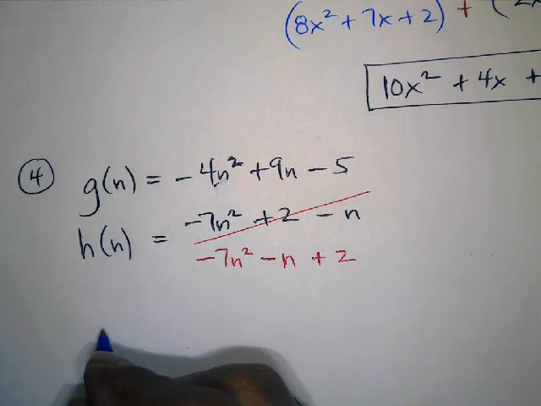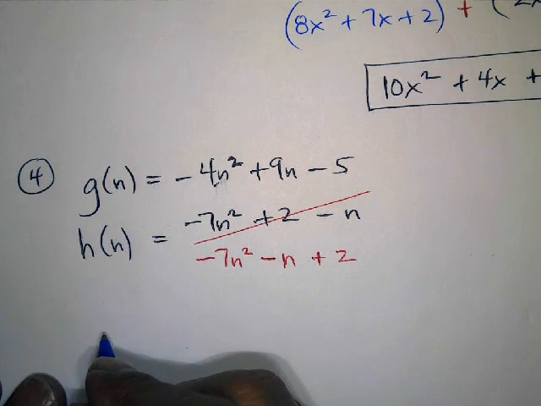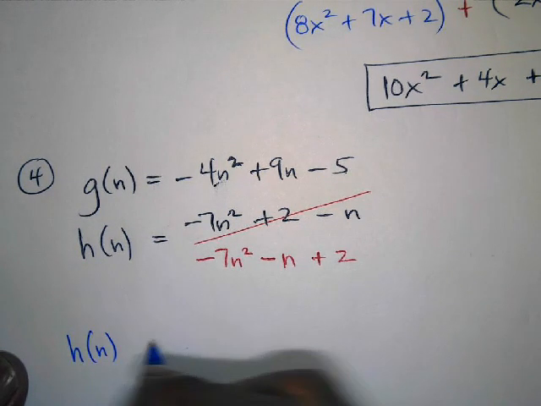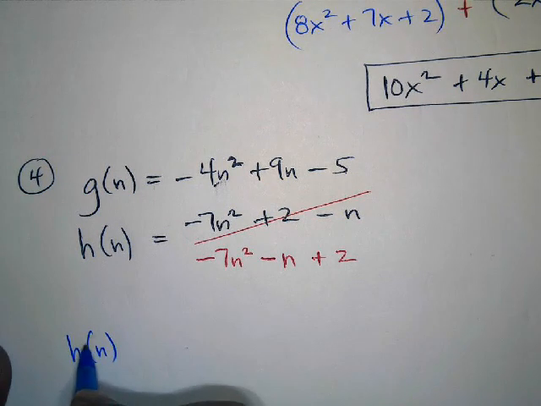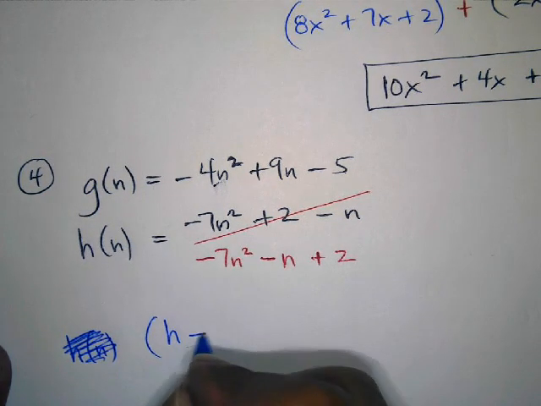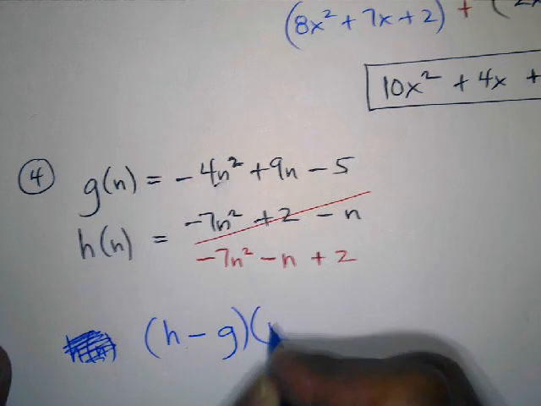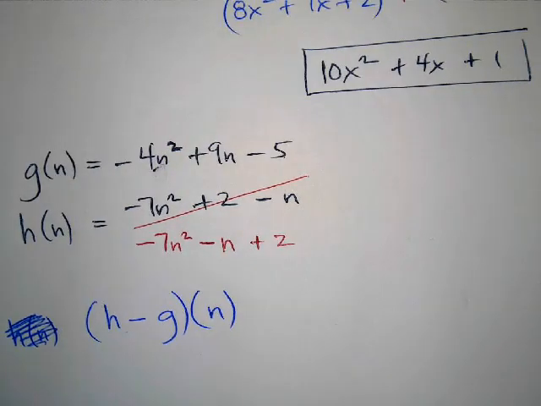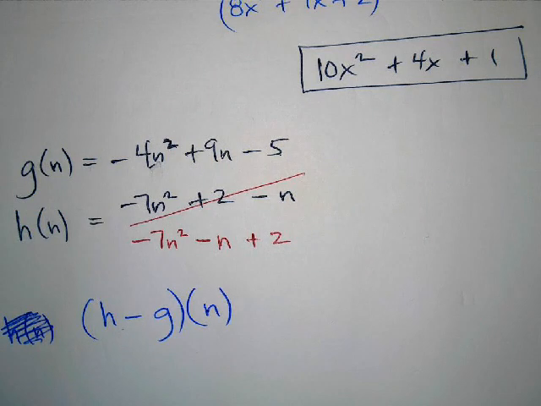Okay, so now what's the question for this one? Now that I see that these are in the correct order, what if the question is h of n? Oh no, I wrote it wrong. Sorry. It's going to be parentheses h minus g, and then of n.